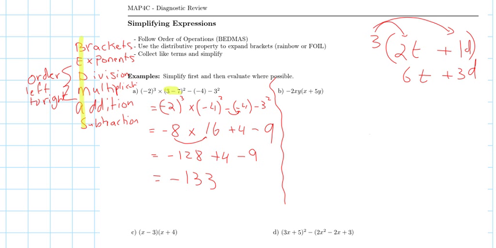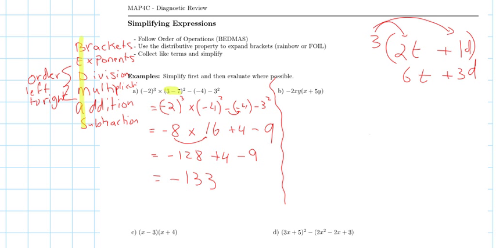Okay? So this is one part of the distributive property, when I'm multiplying what we call a monomial by a binomial. What's a monomial? A single term. A binomial is whenever you have 2 terms. So I'm multiplying a single term by 2 terms.